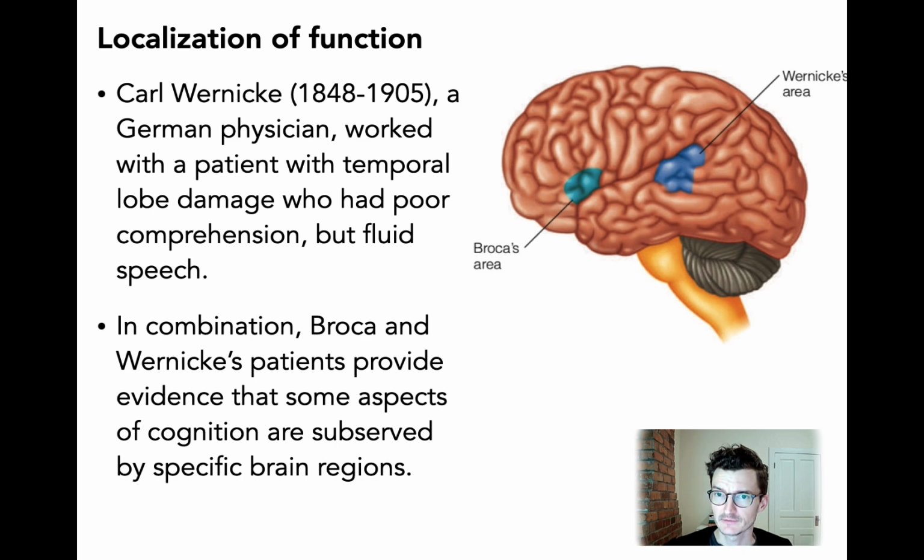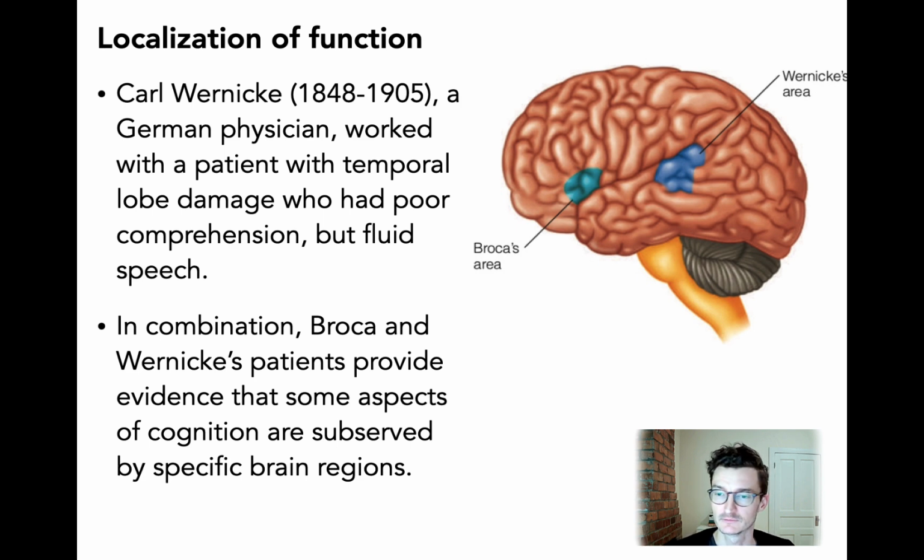And this double dissociation, and I'll explain that term in the next slide, suggests that these two related cognitive functions, producing language, perceiving language, are separable in both the mind and the brain. And it provides fairly strong, what we would call neuropsychological evidence that these two behaviors are localized to specific brain areas.